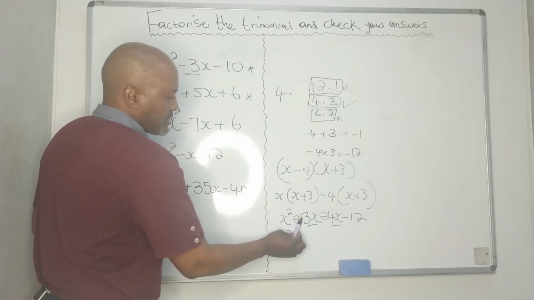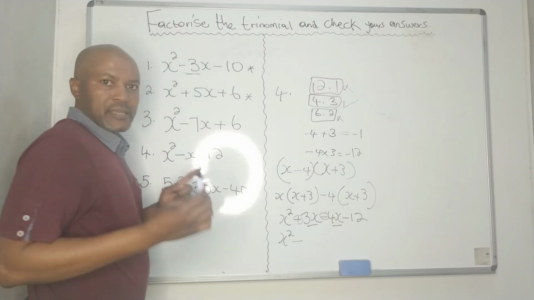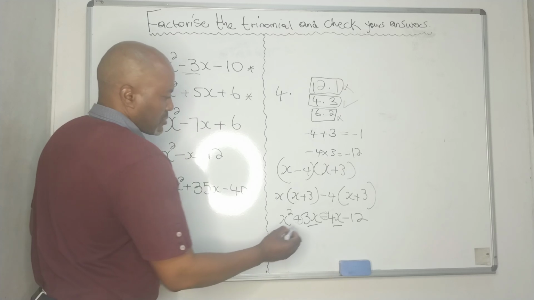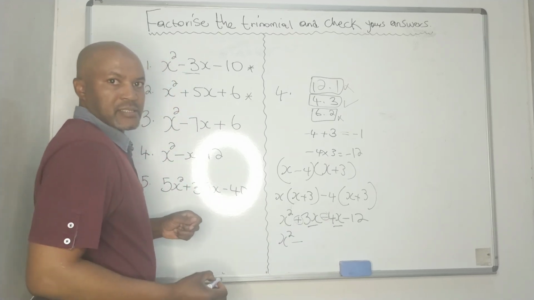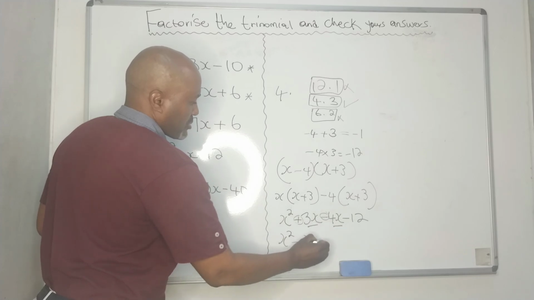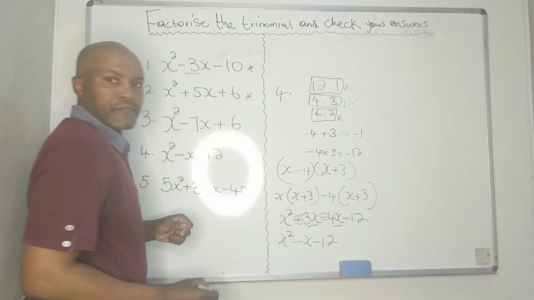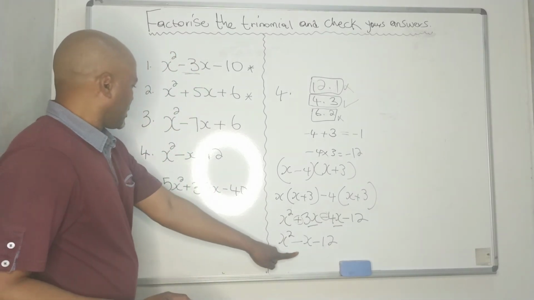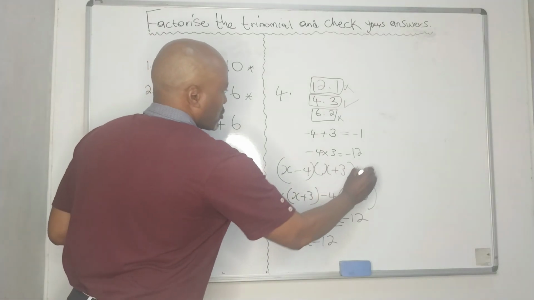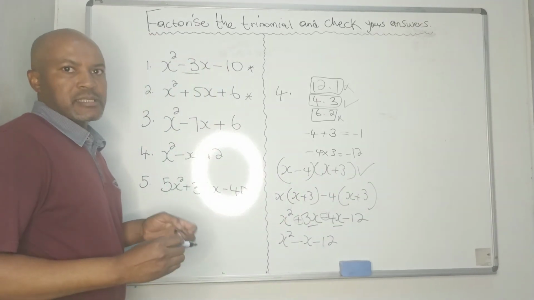Since the signs are not the same, we need to subtract 4 minus 3. It's 4x minus 3x. You get x. Then you bring down negative 12. So can you see this is the same as that? So which means those two factors are correct.